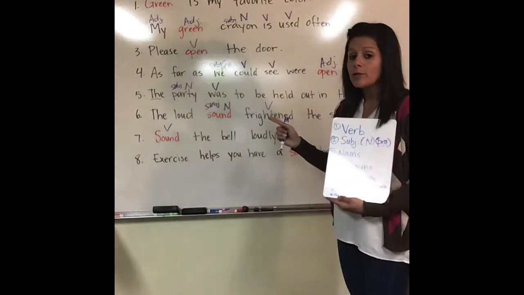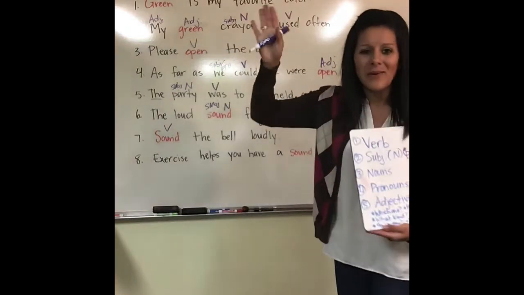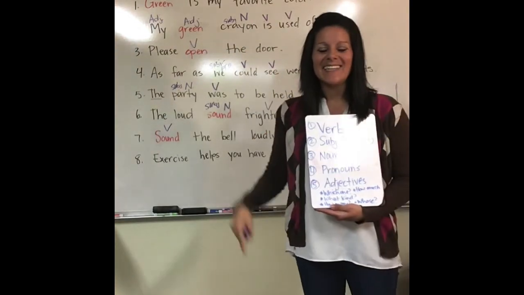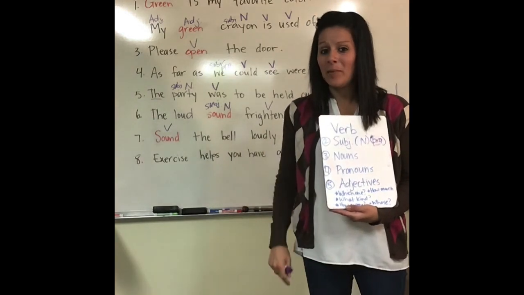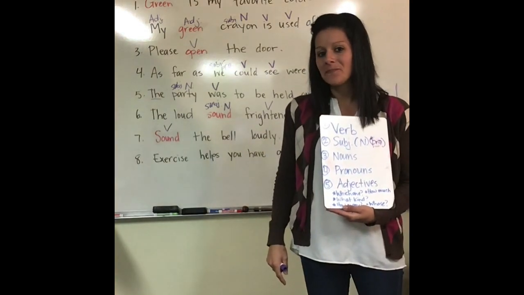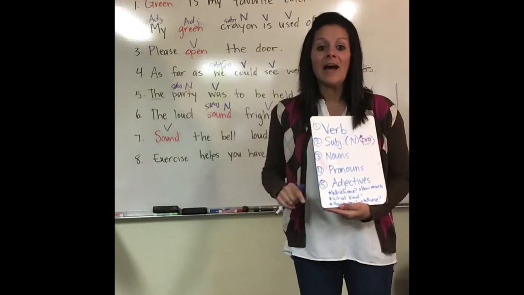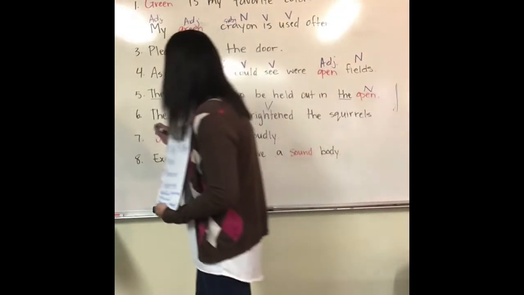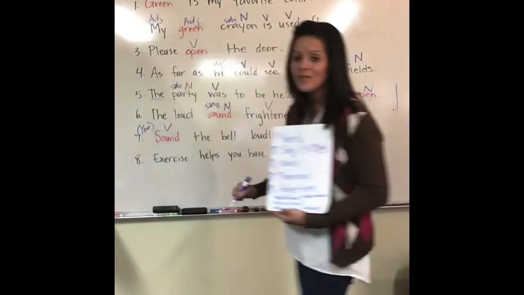So that's the verb. Are we done? We're done. But who can raise their hand at home and tell me what the subject of this sentence is, if it's an imperative sentence? Hopefully you raised your hand and said that it is an understood you.